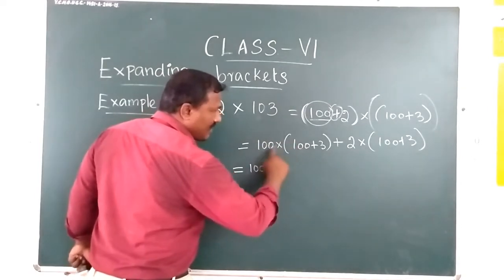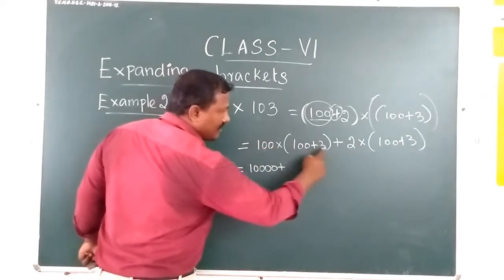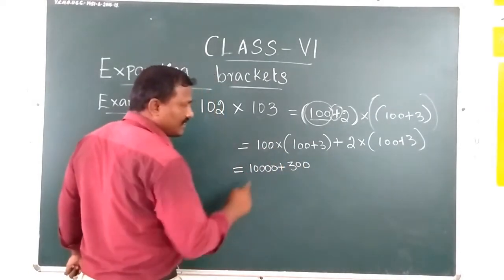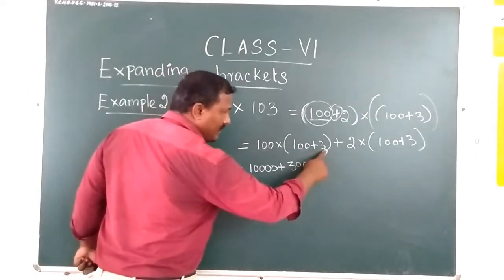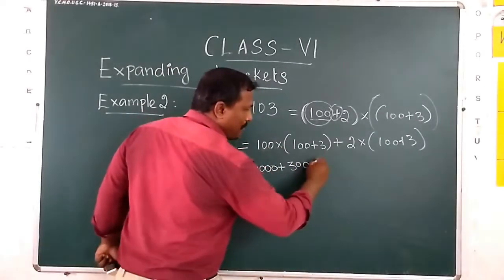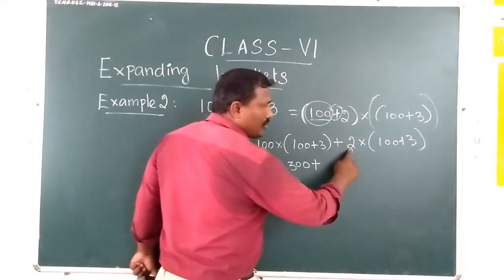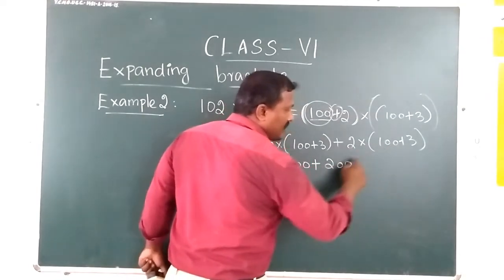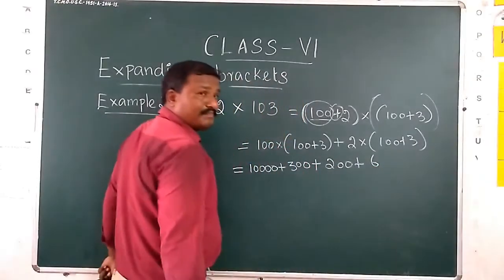Next, 100 into 100, 10,000, plus 100 into 3, 300. Here plus. This one finished. Now, 2 into 100, 200, plus 2 3s are 6.